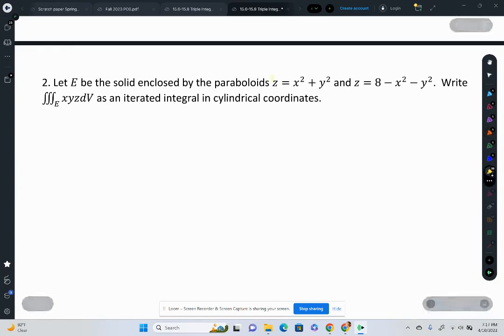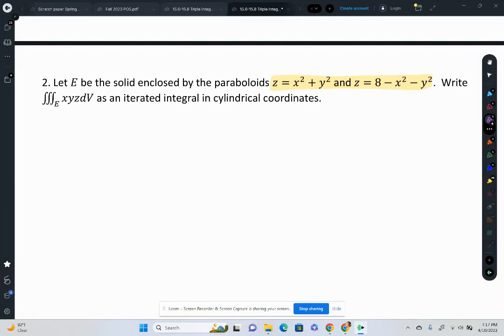Our solid is enclosed by these paraboloids. And I'm hoping right about this moment you're realizing why I was harping on three-dimensional shapes so much all semester. It's because if I can't draw this, I'm kind of out of luck here, okay? I've got to be able to figure out which one of these paraboloids is on top and which is on the bottom.